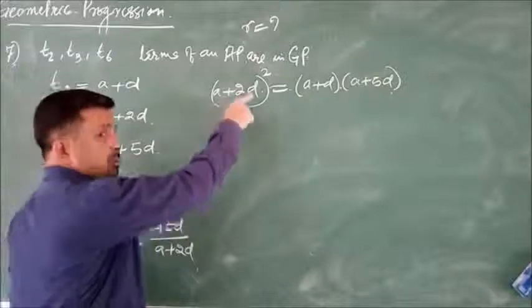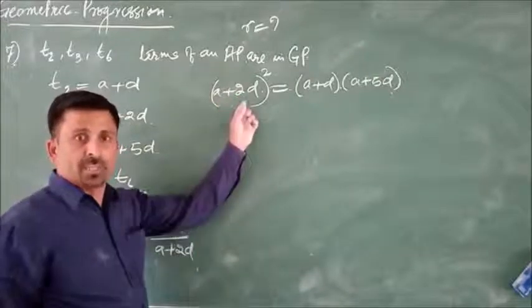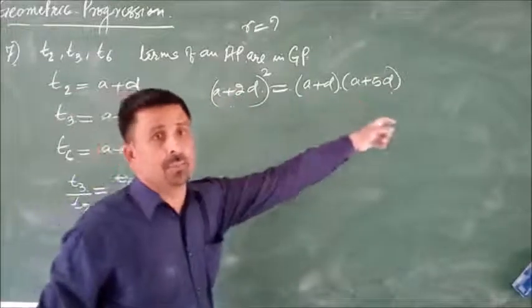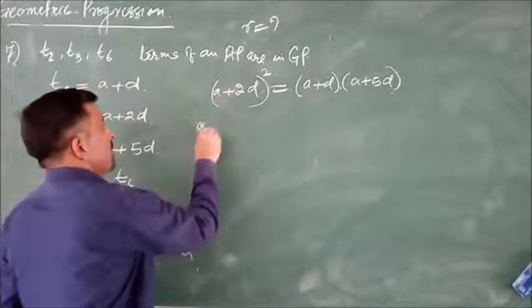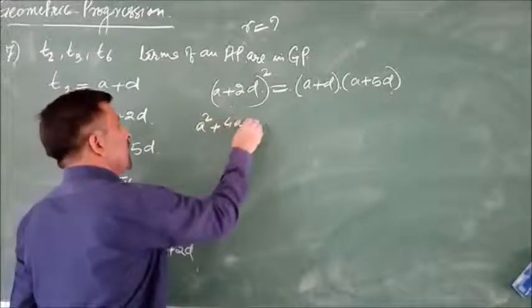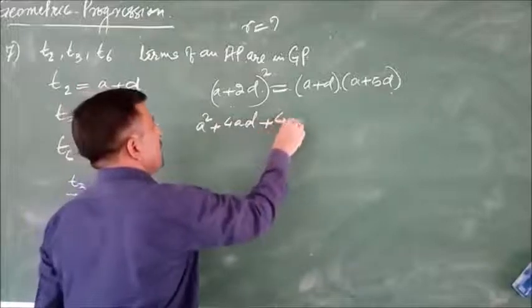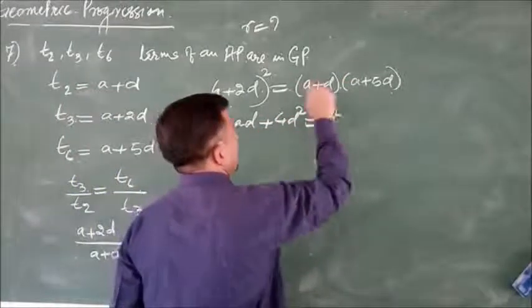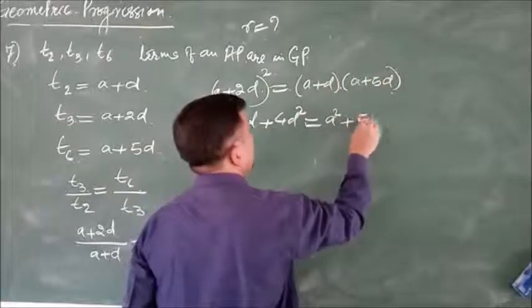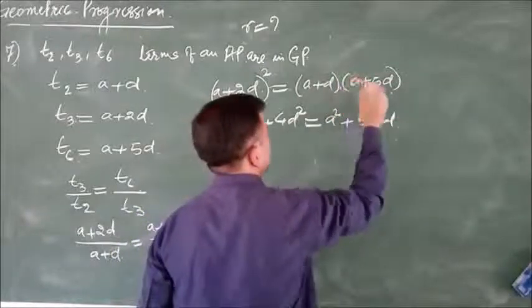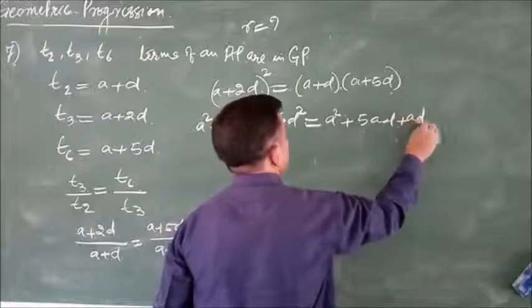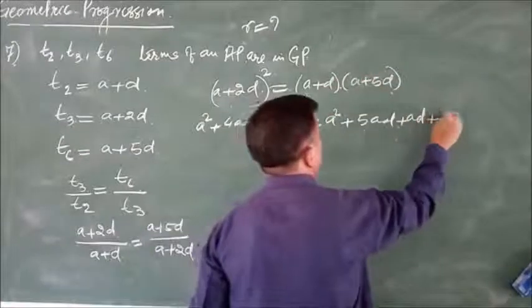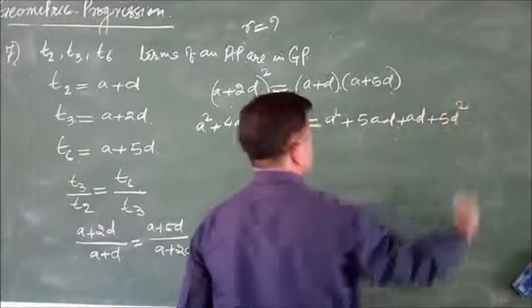We can expand it using the perfect square, and then multiply this part. So this becomes A square plus 4AD plus 4D square. The right hand side will become A into A, A square, A into 5D, 5AD, D into A, AD, and D into 5D becomes 5D square.